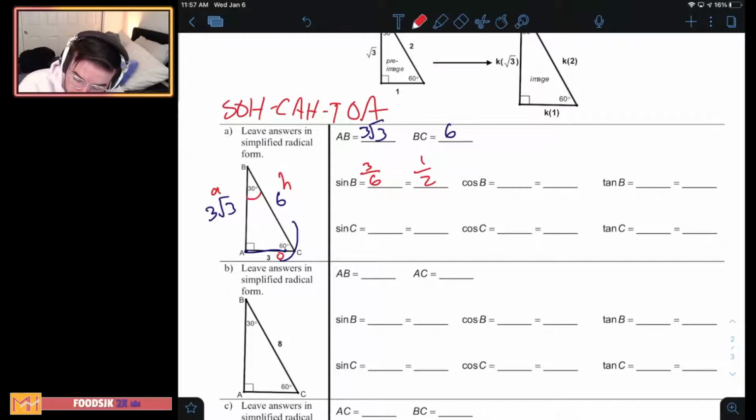And cosine is adjacent over hypotenuse, so 3 root 3 divided by 6. 6 reduces to a half, but we still have the root 3, so root 3 over 2. And then tangent, opposite over adjacent, 3 over 3 root 3. This ought to feel familiar, those are canceling. And then I need to multiply. We were doing something eerily similar in the previous notes video. So it reduces, cancel out the radical, and you end up with root 3 over 3.